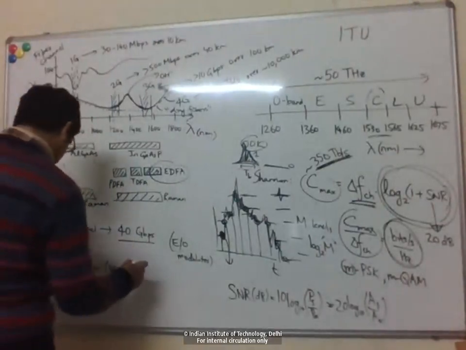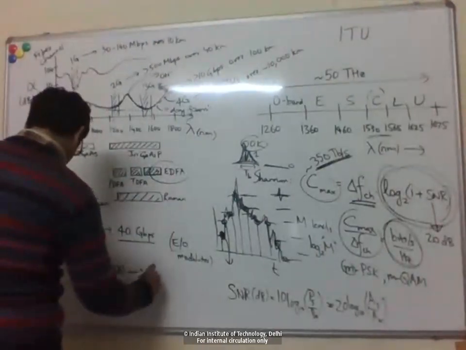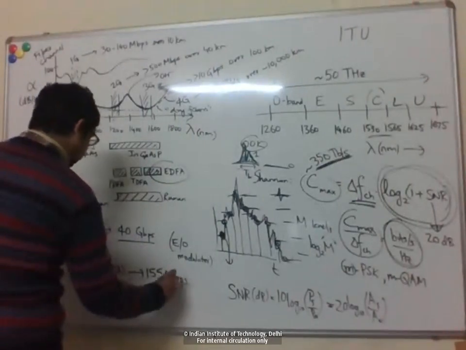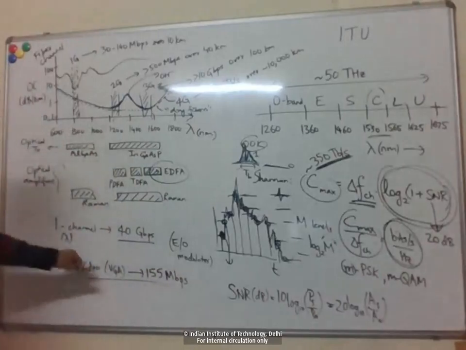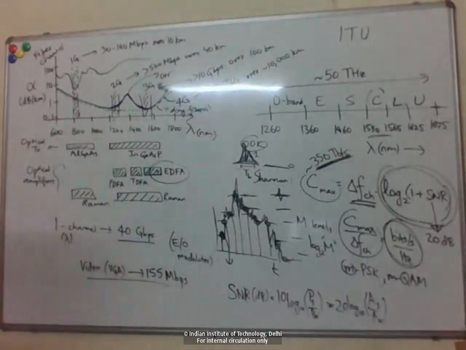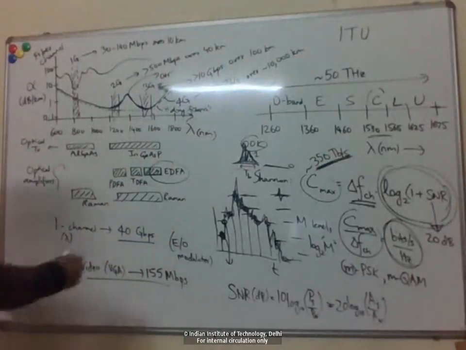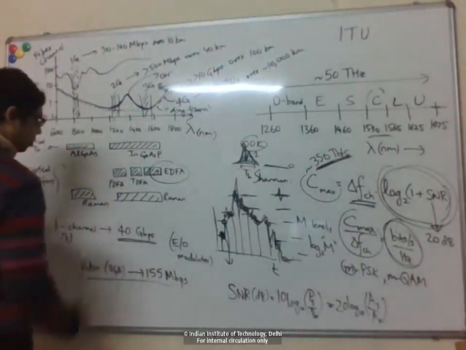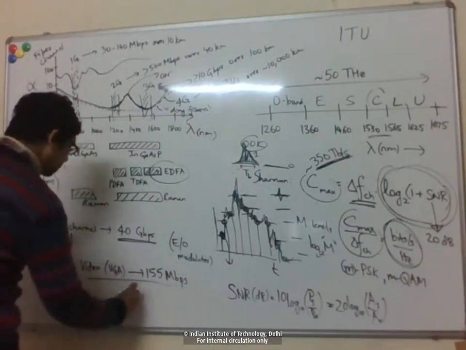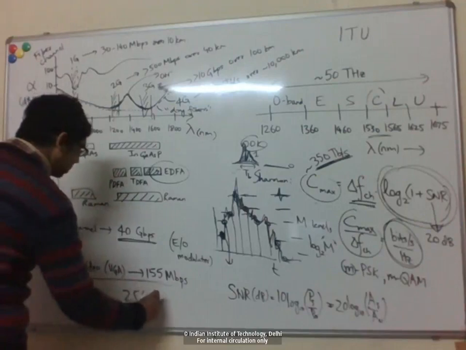If you calculate, that comes out to be about 155 megabit per second. So to transmit this kind of video quality, you need 155 megabit per second. Now a single wavelength has a capacity of 40 gigabit per second, so you can see that we can send 256 video channels.